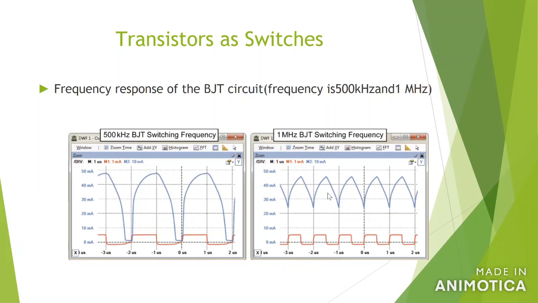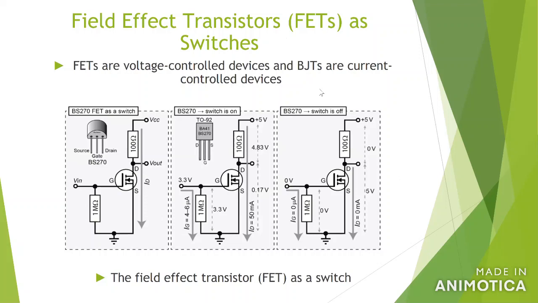So for a high frequency input signal, instead of using this BJT transistor, we will use this FET transistor. FET is another kind of transistor, called field effect transistor, but it's still a kind of transistor.